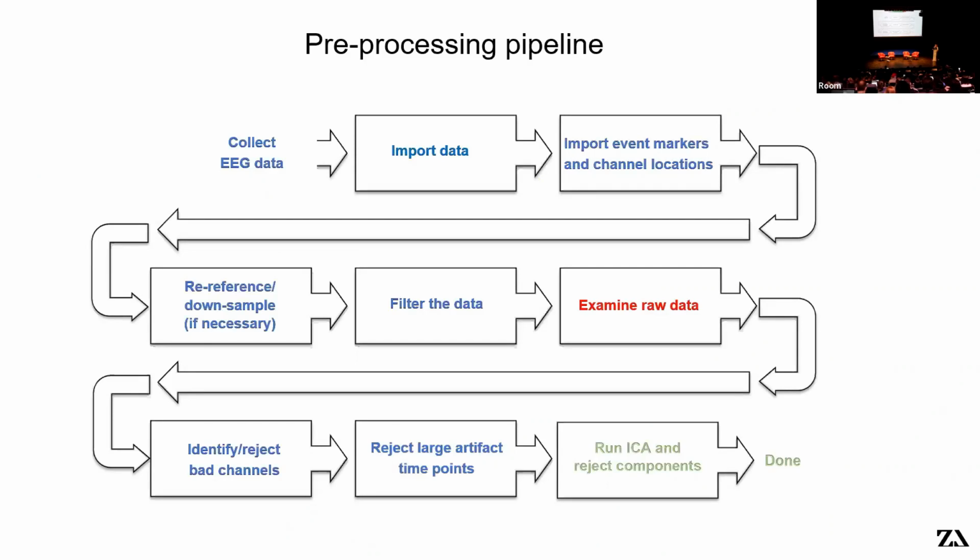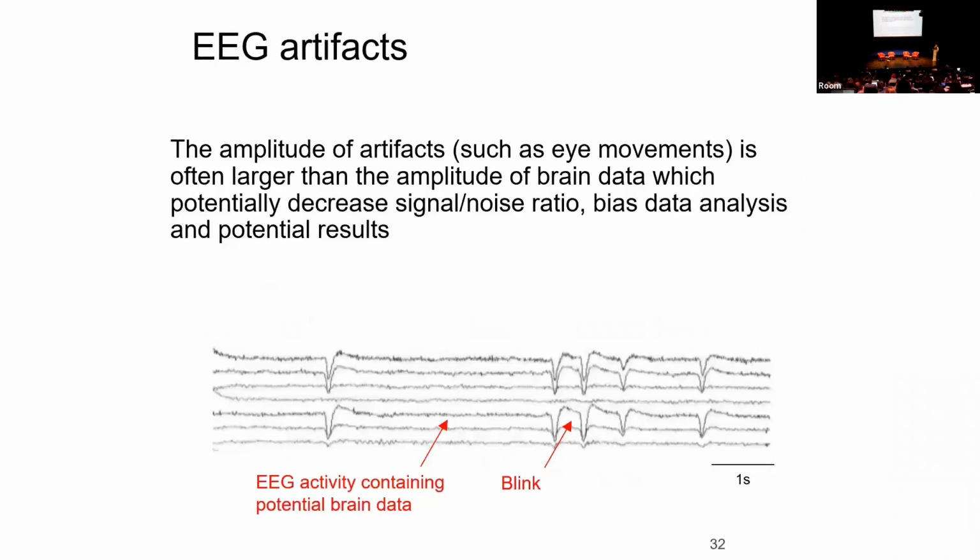So after filtering the data, we want to examine the raw data, just to look at how it looks, because it might be that we just recorded noise. I don't know, maybe the reference was not properly attached or something like that. So we want to look at the raw data, and we also want to look at artifacts.